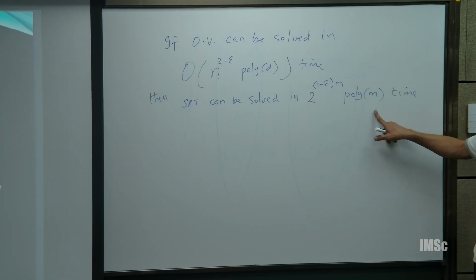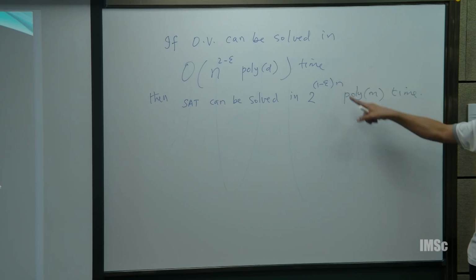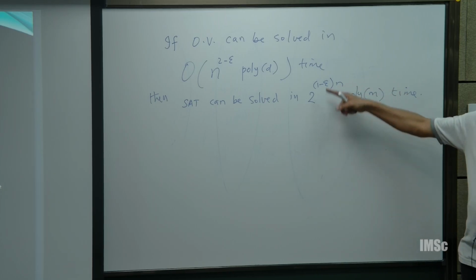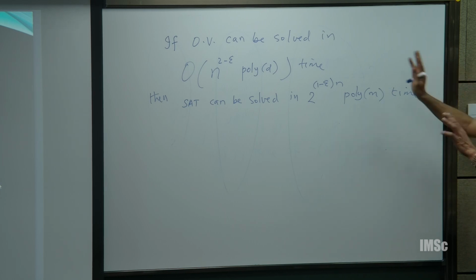If you want to give a better algorithm for SAT, maybe work on orthogonal vectors, because that would give you this; or if you believe that this cannot be done, then that gives you a lower bound for orthogonal vectors. Good. So, this is what we want to show.